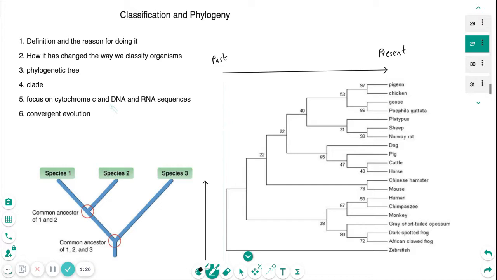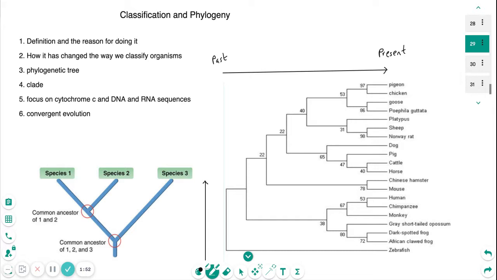So this idea of phylogeny and the phylogenetic tree, this came in response to Darwin and the work he did when he produced The Origin of Species. So he suggested this mechanism of natural selection, and it prompted scientists to not just follow the Linnaean hierarchy system of kingdom, phylum, class, order, family, genus, species.